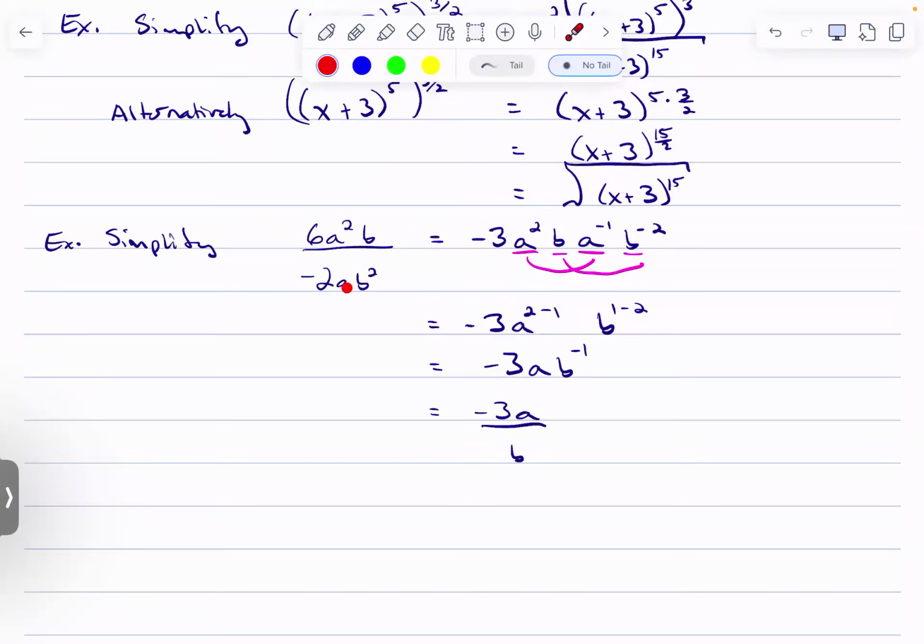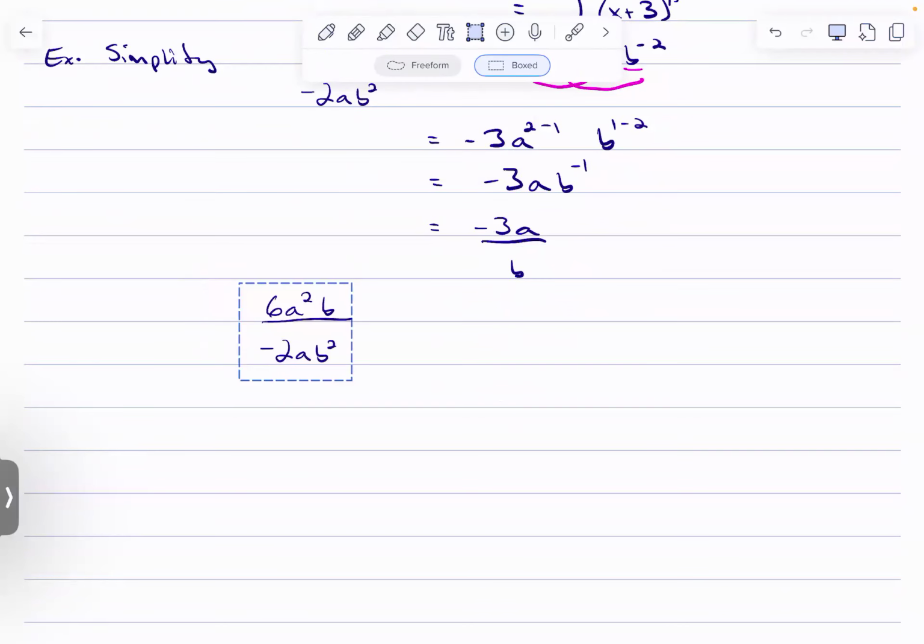Depending on how comfortable you are working with these exponent laws, you could see a to the power of 2 divided by a to the power of 1, and then b to the power of 1, b to the power of 2.